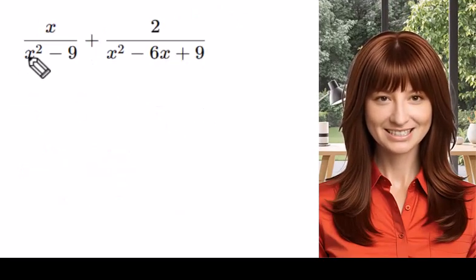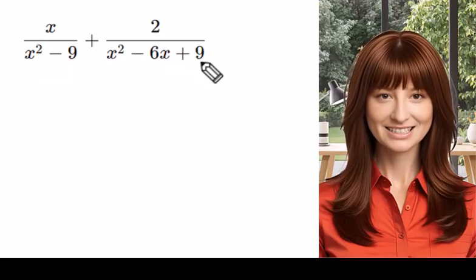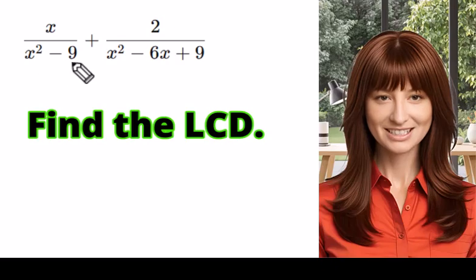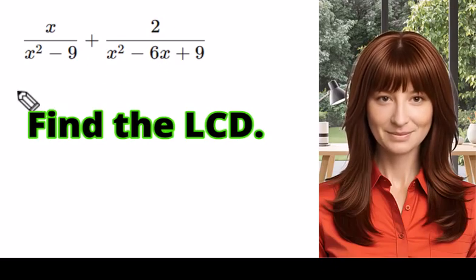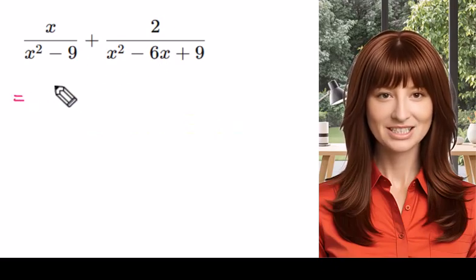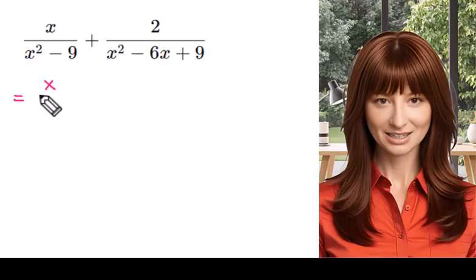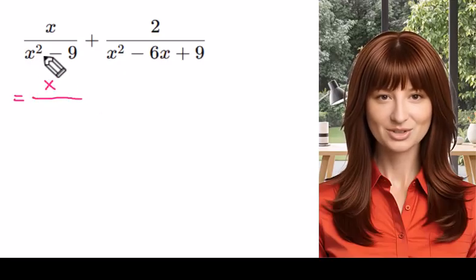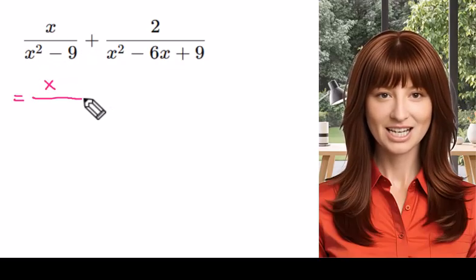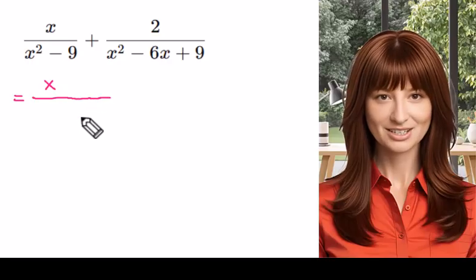In the second example, we are going to also find the least common denominator because the denominators are not the same. But to do that, first we need to factor each denominator. So we can write x squared minus 9 as x squared minus 3 to the second power. And then we can apply the difference of squares formula.